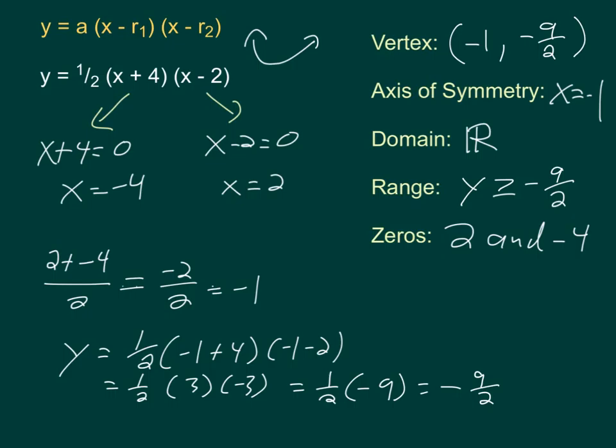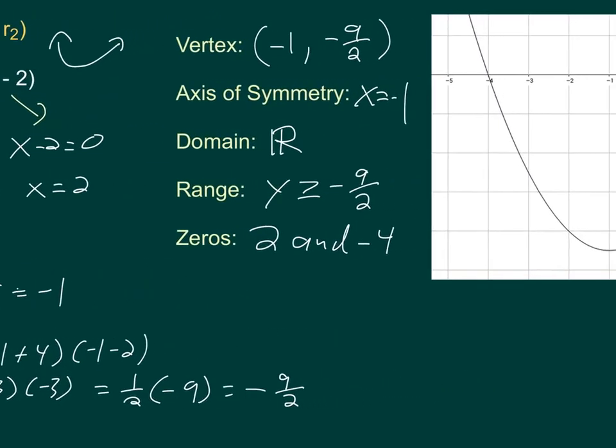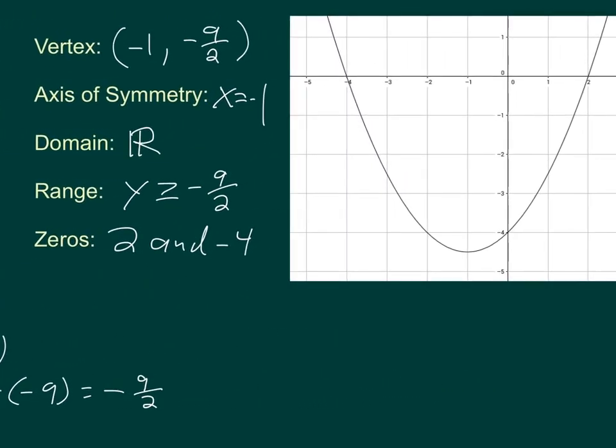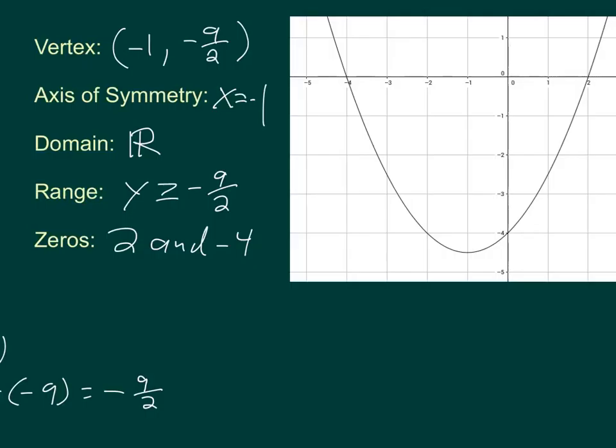And so let's take one last look at the graph here. And you can see that everything matches up. There's my vertex, negative 1, negative 9/2. Axis of symmetry, x equals negative 1. Domain checks out to be all real numbers. Range is everything greater than or equal to negative 9/2. And the zeros are located here at 2 and negative 4.